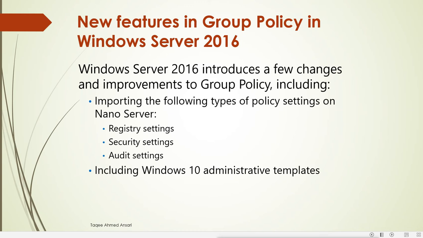So in Nano servers we have the option to import policies like registry settings, security settings, and audit settings. Also including the Windows 10 administrative templates, where we can administer the policies from Windows 10.